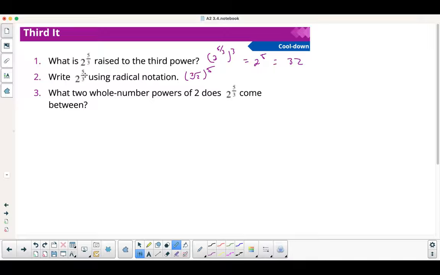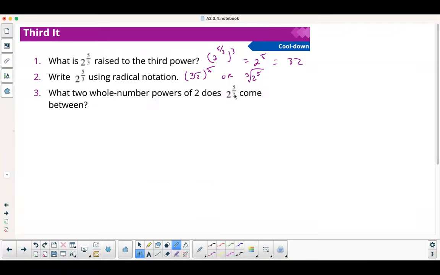Okay, the bottom number is your root, top number is your power. Or if you wanted to do it 2 to the 5th and then cube root it, that would work as well.